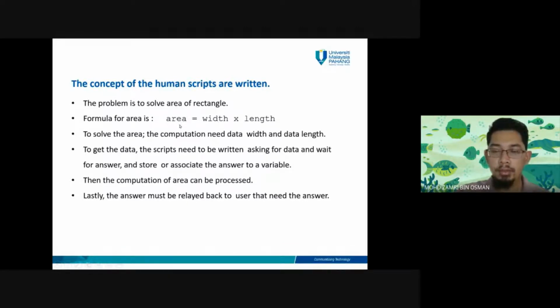If you look at the code, we are using the asterisk symbol, not the X. In the human script we write area equals width X length, but in the program we don't have an X symbol for multiplication; we have the asterisk. Later you are going to see different kinds of operators for computational programs using the Python language.